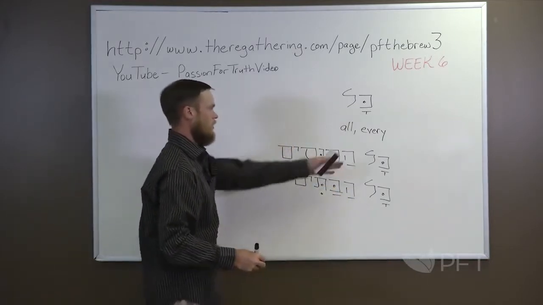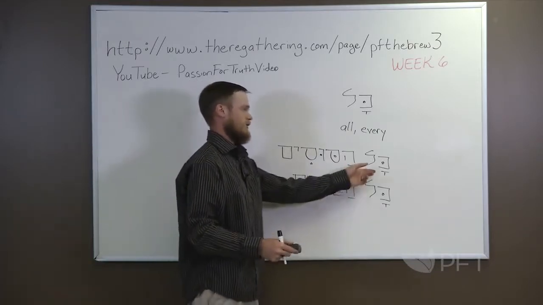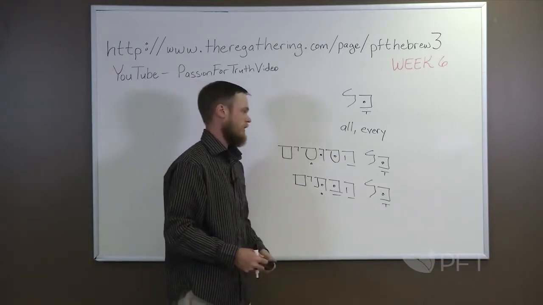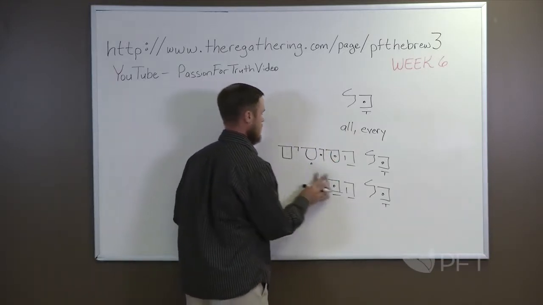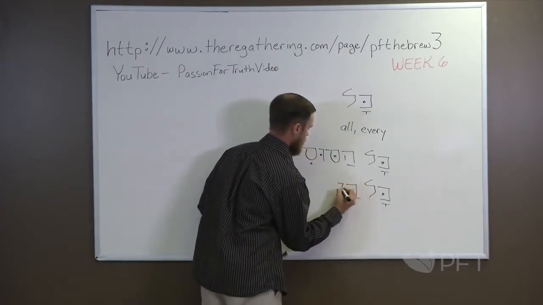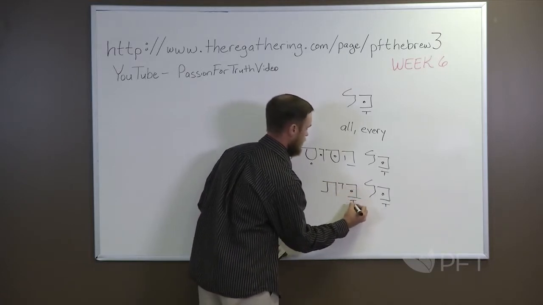Okay, all the horses, all the houses. Kal functions just like our English word all, and there are times where every is a better translation. So if we said kal bayit, every house. Not all house, but every house.